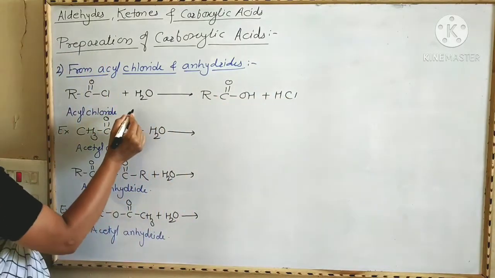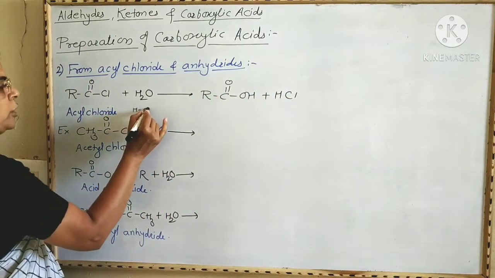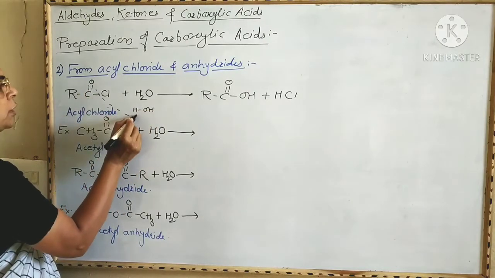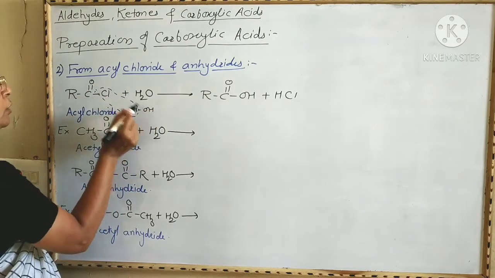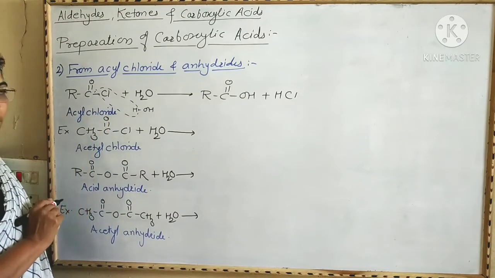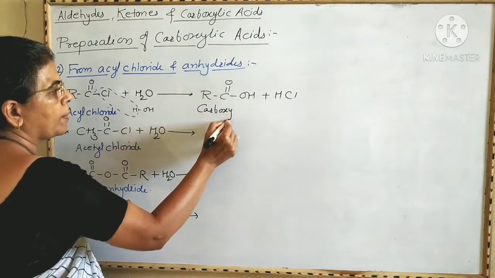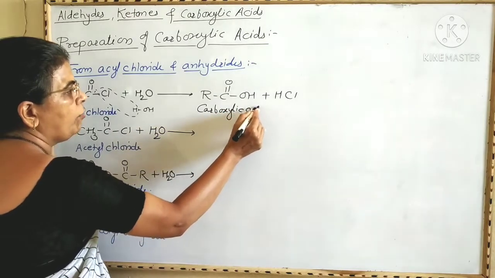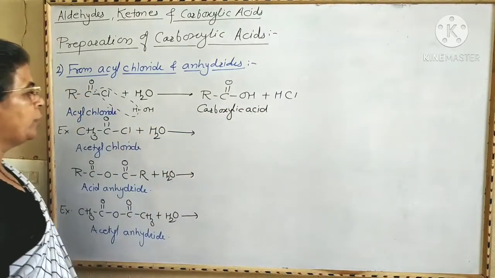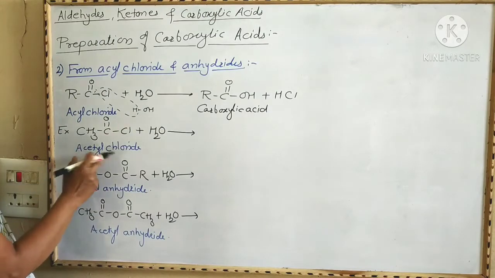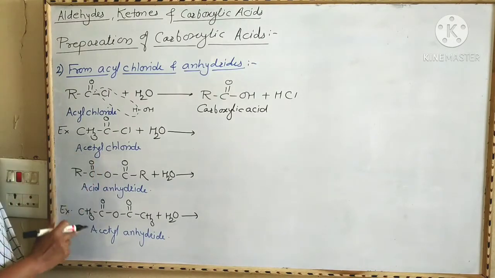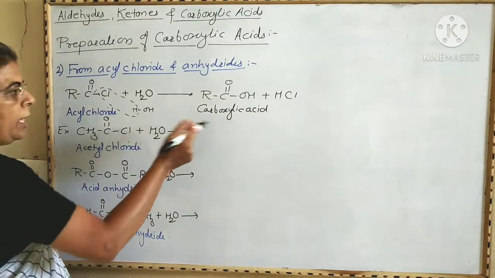Now here from this HOH, that is water molecule, removal of HCl takes place, and the OH gets replaced by chlorine to form this carboxylic acid and HCl, that is hydrochloric acid. For example, we are going to convert acetyl chloride, that is CH3COCl, into acetic acid.